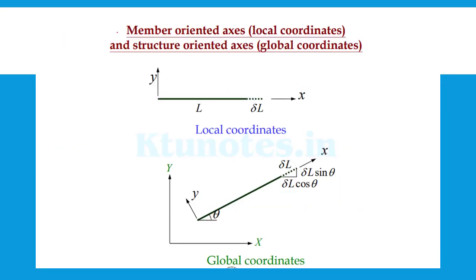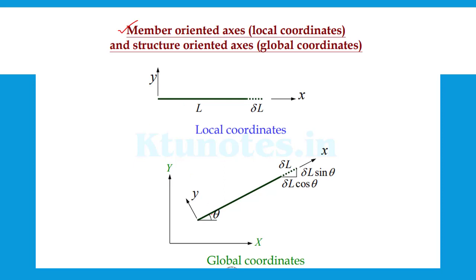So we have the member oriented axis, which is called a local coordinate. Suppose you have a bar like this: the local coordinate will be x along the length of the bar and y will be vertical, and delta L will be the axial deformation of the bar. But in reality, or in different structures, this can be an inclined one.